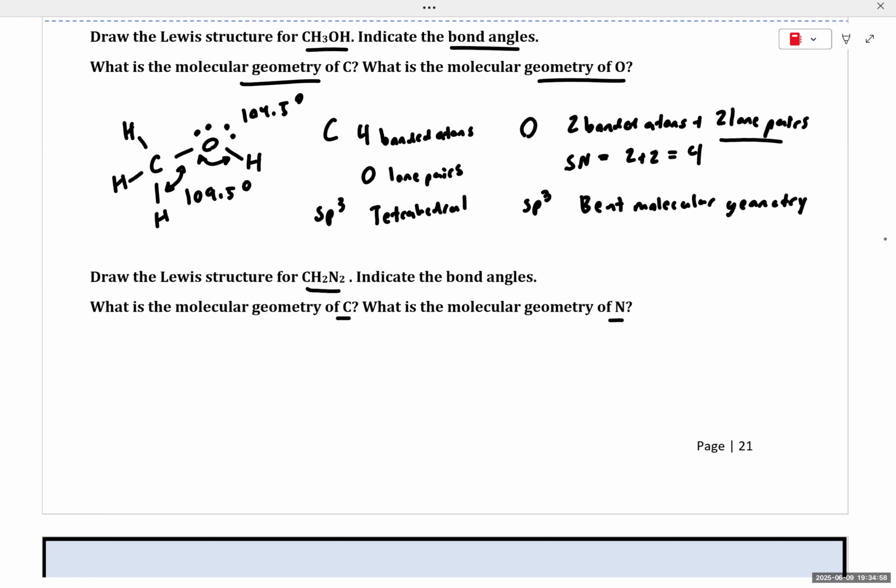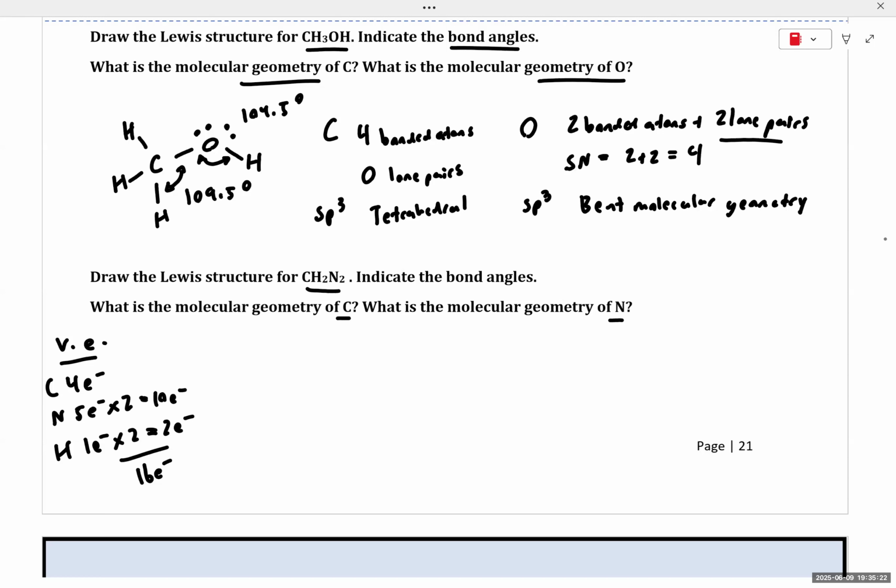So first and foremost, for CH2N2, let's do the traditional Lewis structure method. So counting out valence electrons, carbon has 4, nitrogen has 5 valence electrons, and we have 2 nitrogen atoms. Hydrogen has 1, but we have 2 hydrogen atoms, giving us 2 valence electrons in total.